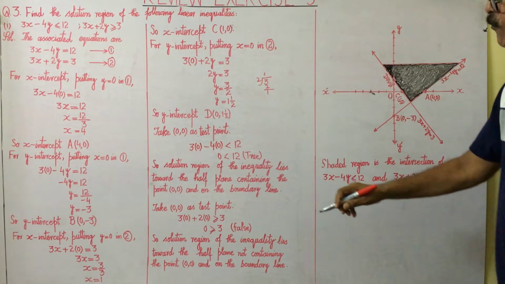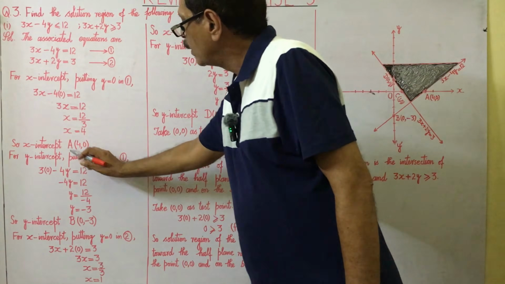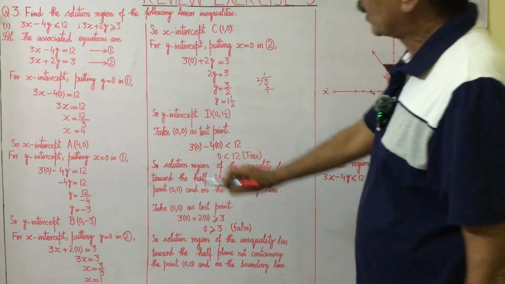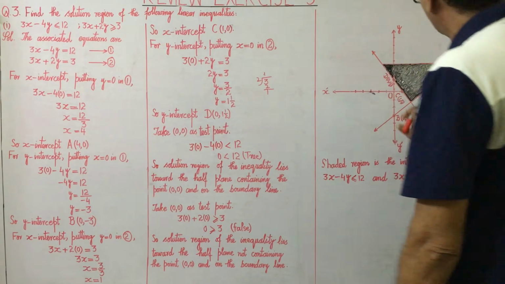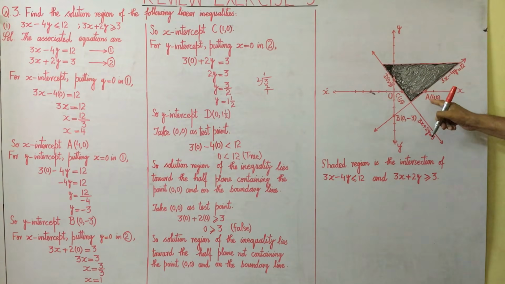So first of all we mark point A having coordinates 4 and 0. 1, 2, 3, 4. This is A point. This is having coordinates 4 and 0.